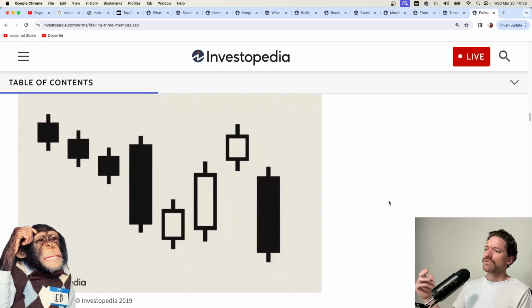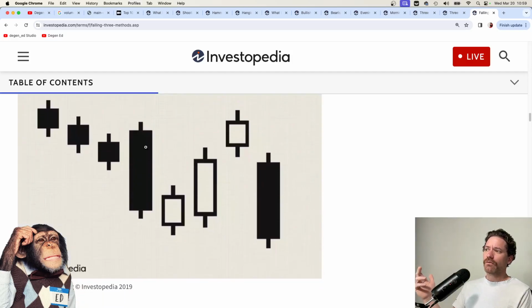Yeah, so you have this big red candle, and what might be interpreted as three white soldiers or three green soldiers going up. But then you get this big red candle. So if you do see three white soldiers, it may very well be the start of the falling three methods, and that is a continuation of the downtrend that you would see.